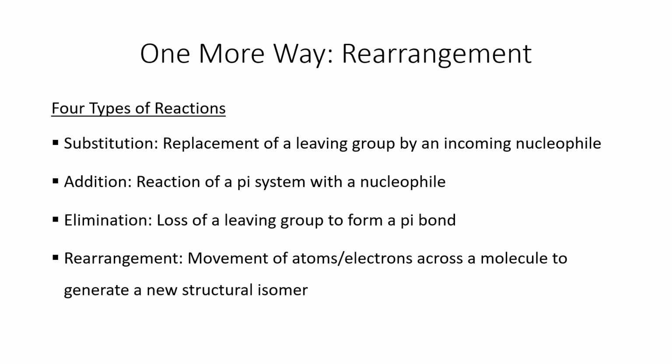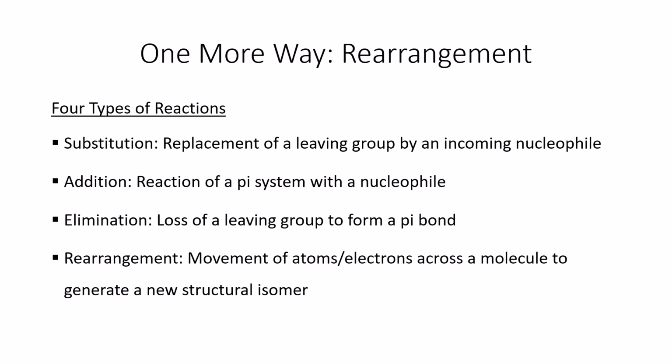There's one other way that I want to talk about carbocations being stabilized, and that's through rearrangement. So we talked last week about the different types of reactions. We talked about substitution, which is the replacement of a leaving group by an incoming nucleophile. We talked about addition, and elimination, which is the loss of a leaving group to form a pi bond.